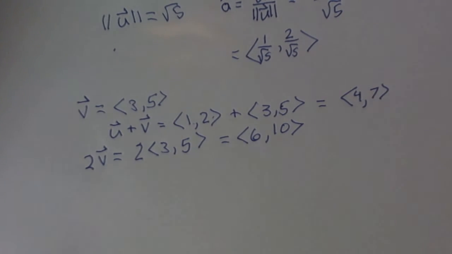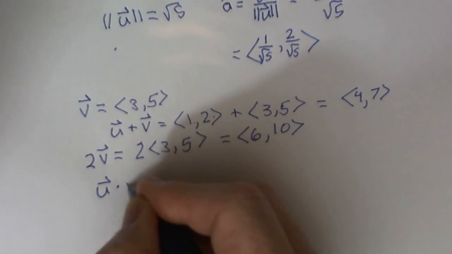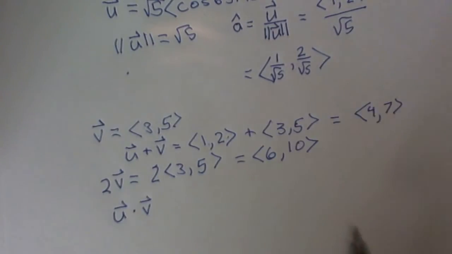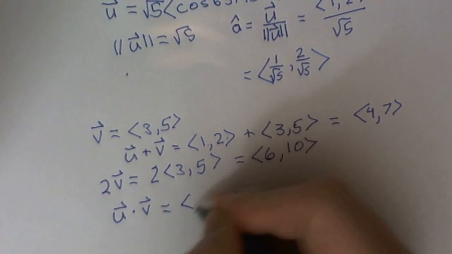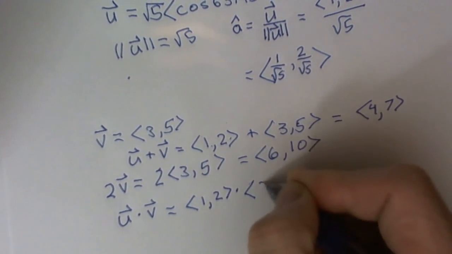Okay, now one other thing. We have the dot product, u dot v. And this should get us ready for our first assignment here. We've got u, which is 1, 2, and we're dotting that with v.